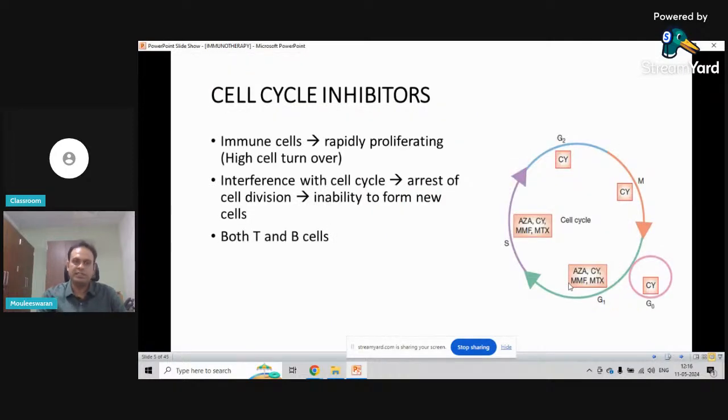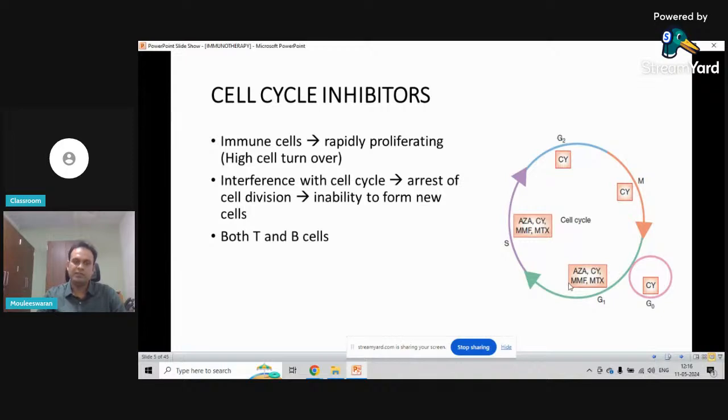So coming to cell cycle inhibitors, this forms a group of drugs which inhibit the cell cycle, thereby preventing the mitosis of the cells. As we know, immune cells are rapidly proliferating cells with a very high cell turnover.